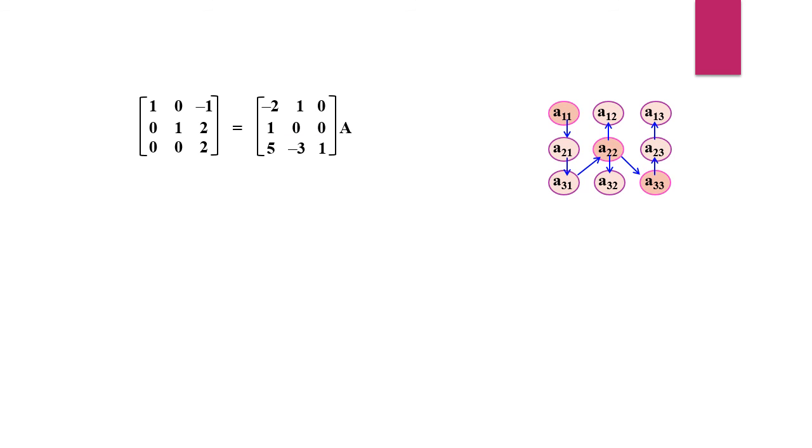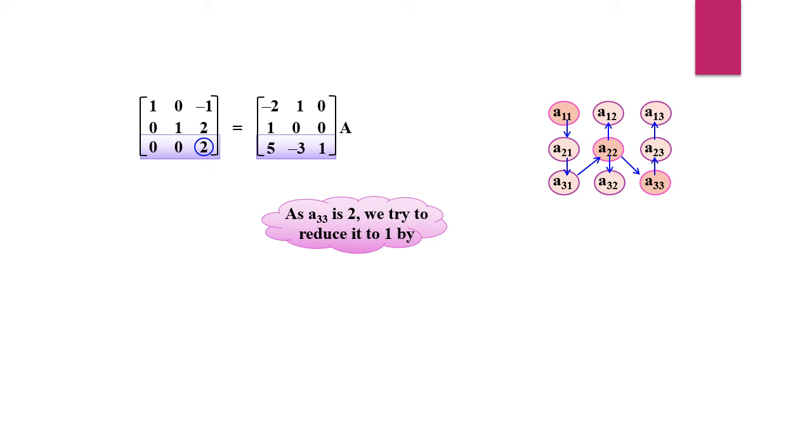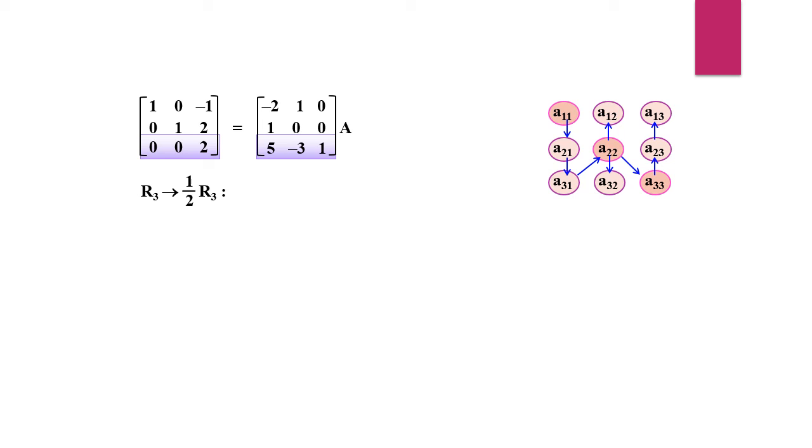Next, we focus on the third row, third element, and we convert it into 1. So the third row, third element is equal to 2. So to reduce it into 1, we apply the property R3 implies 1 by 2 R3. So consider the elements of R3.